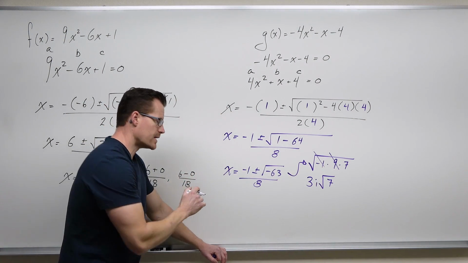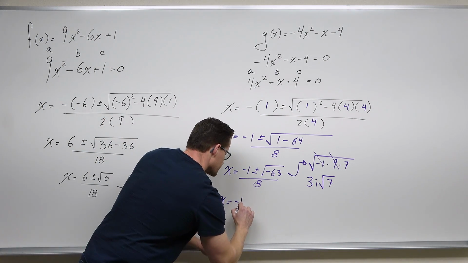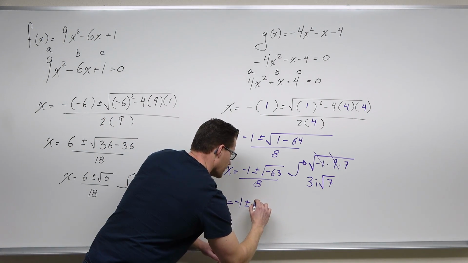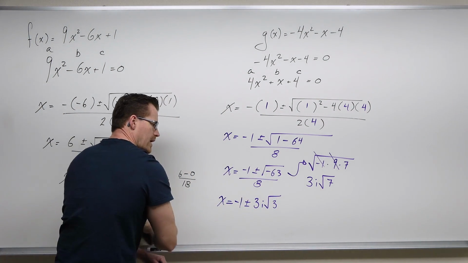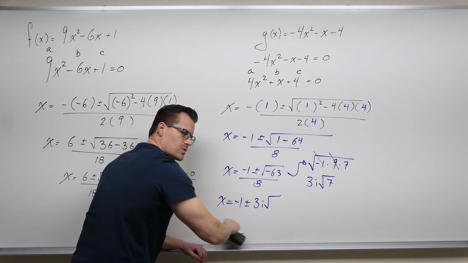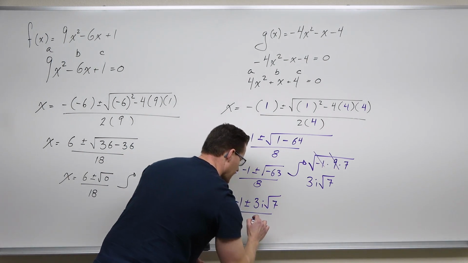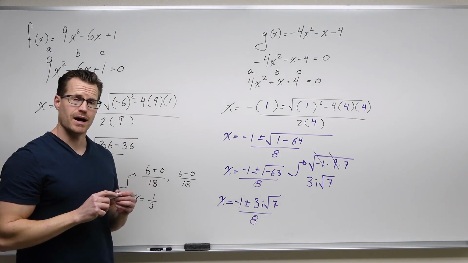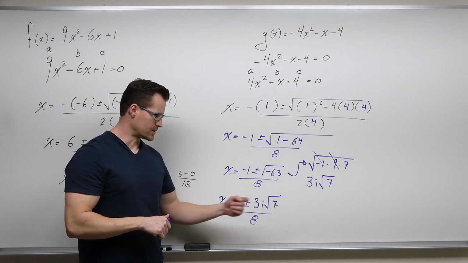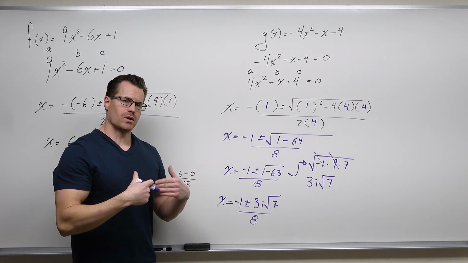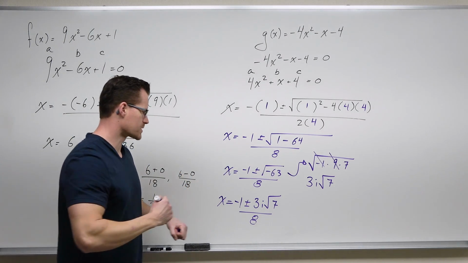That's how that simplifies. So we're going to have this x equals -1 plus or minus 3i square root 7 all over 8. We cannot simplify that at all. This is in the proper order. We like coefficient, then i, then square root where appropriate. But we are going to write this as two solutions, two complex solutions, two non-x-intercepts.